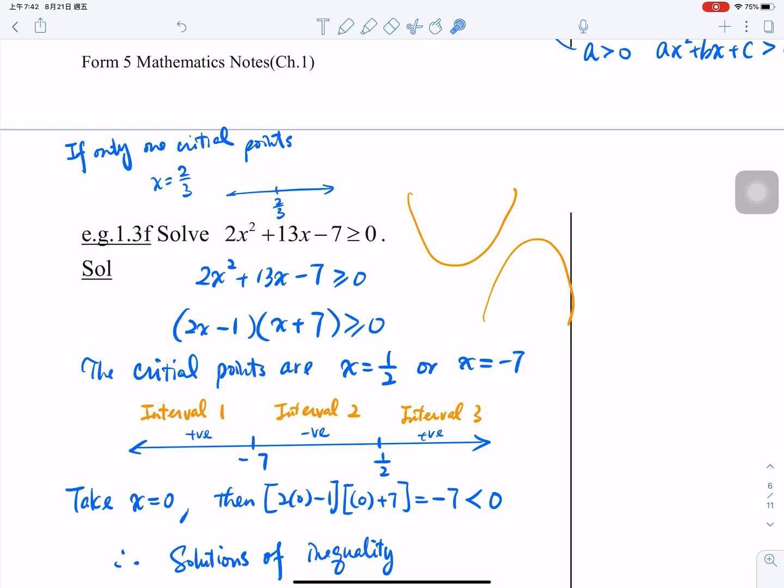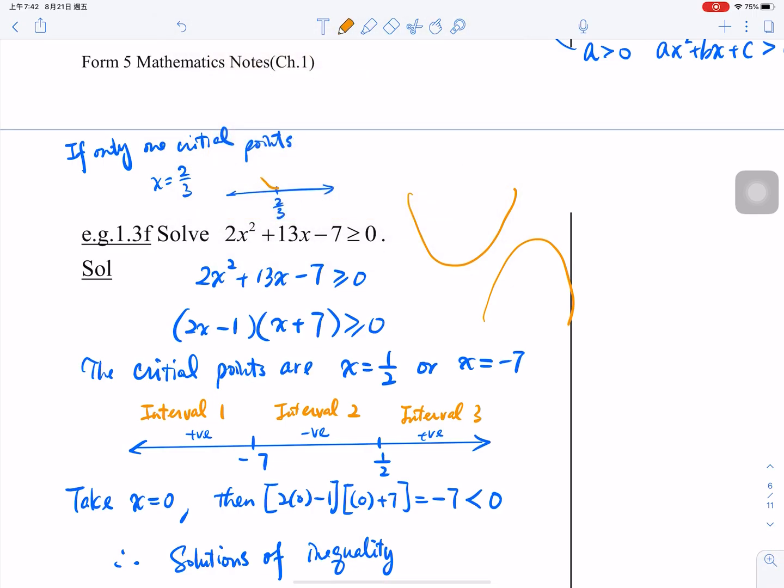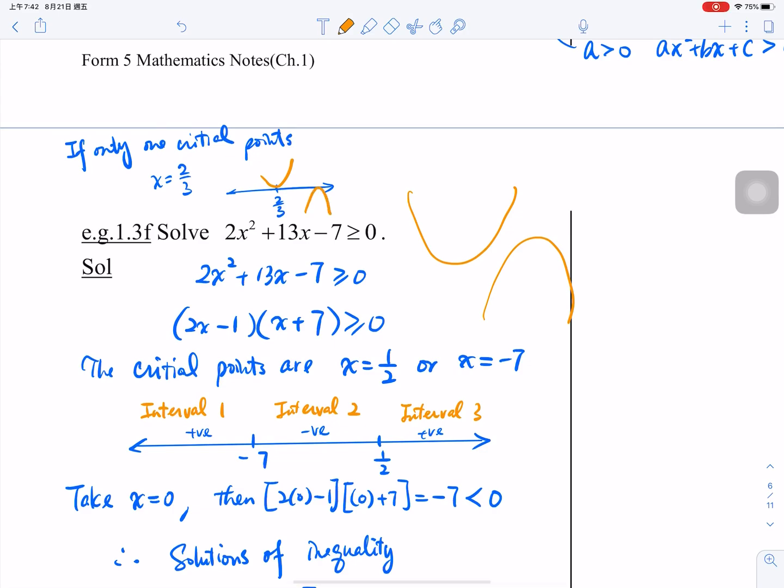What does this mean? That means it is either this kind or this kind, right? If this kind, then both sides are still positive. If this kind, both sides are still negative.